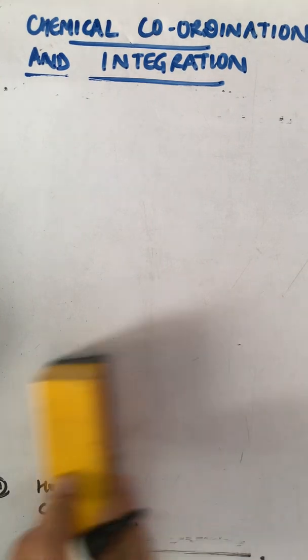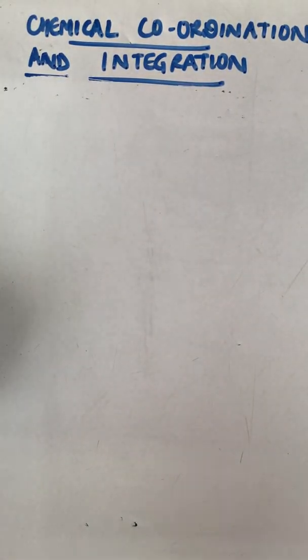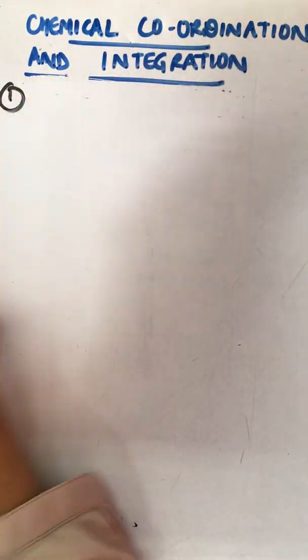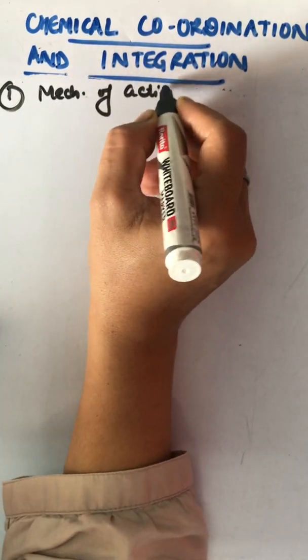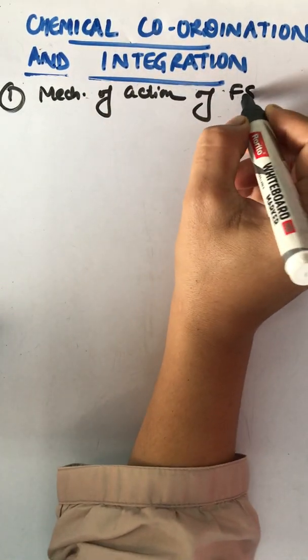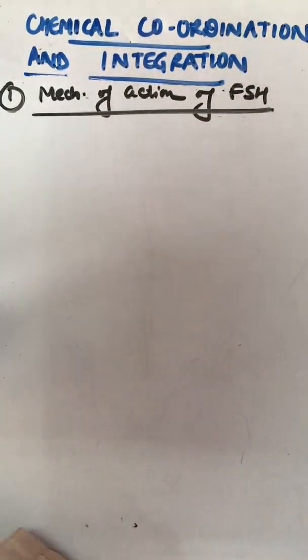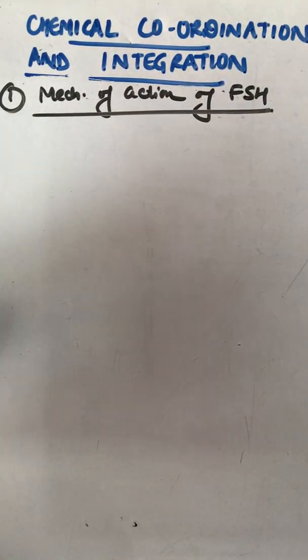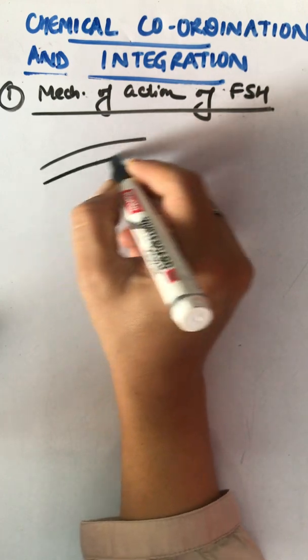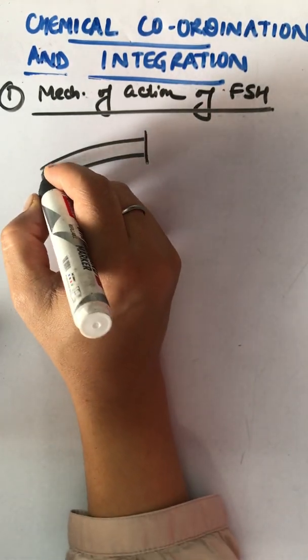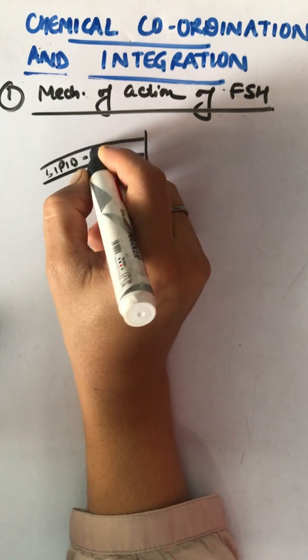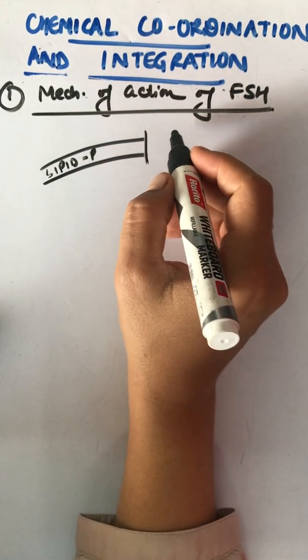Now let's do these two diagrammatically. First one, mechanism of action of FSH, follicle stimulating hormone. Here we are quite familiar that our cell membrane is made up of lipid and protein. Fine.